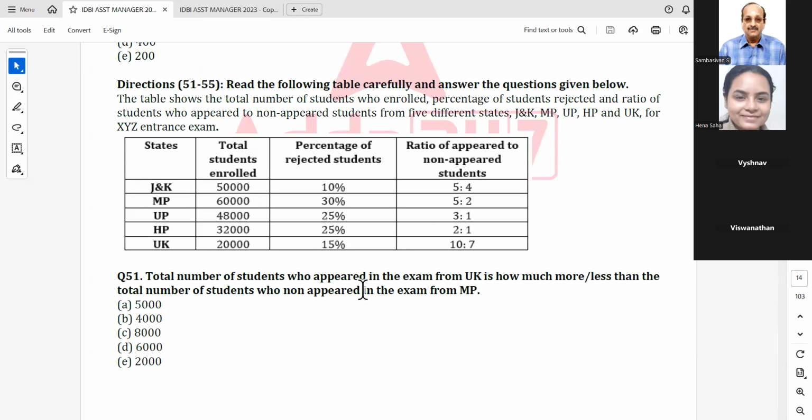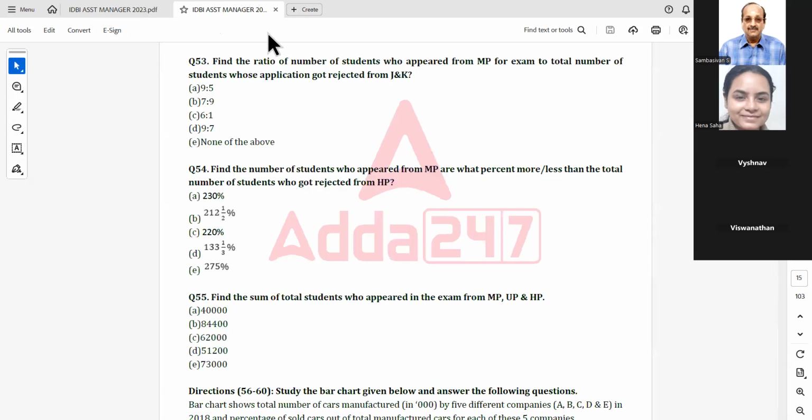MP 30,000. Number of students who appeared is only 30,000. 60,000, 30,000 eliminated. Out of that, 5:2. So 30,000 are the people who are appearing from MP, 30,000. Correct. Am I right?